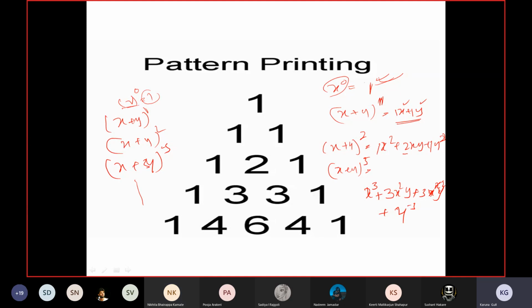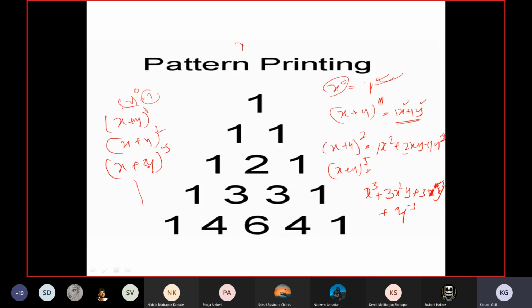Is it the same thing that you expect out of it? Right? x cube plus y cube plus 3xy into x plus y? Not x plus y. It is x square y plus xy square. Check it out.